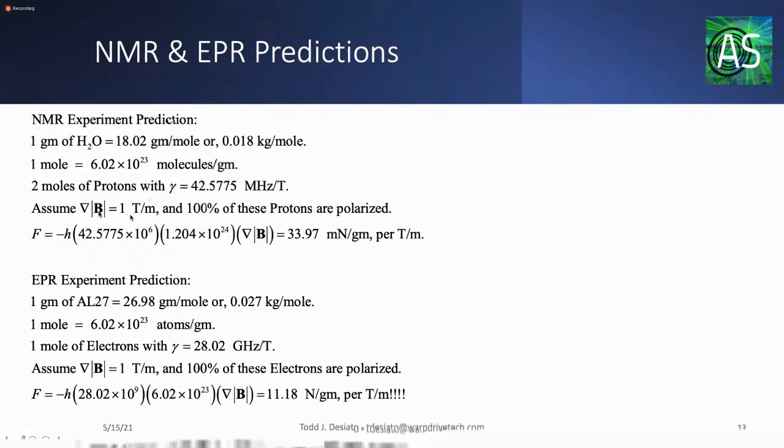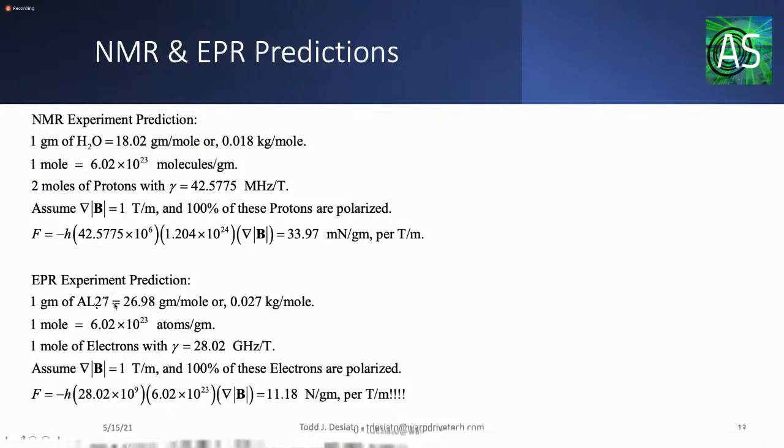And so I made some predictions. We now at Falcon Space Lab have four people working on this nuclear magnetic resonance and electron parametric resonance experiment. Mark Sokol is working on the EPR Alzofon experiment, and myself and two other people are working on the NMR experiment, which uses a printed circuit board that I designed specifically for this task.